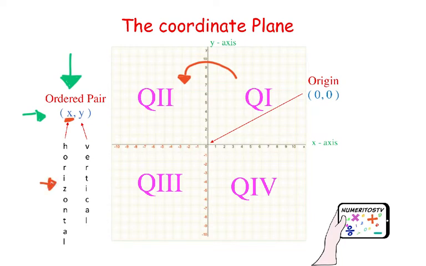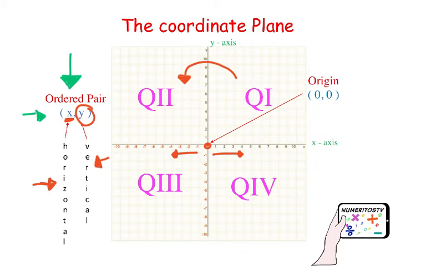So that means if that number is positive, you are going to be moving to the right of the number line starting in the origin, and if that number is negative, you are going to be moving to the left of that origin.